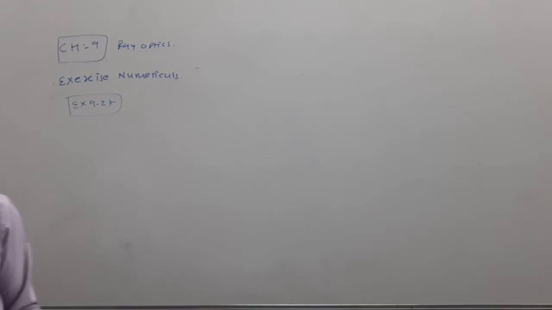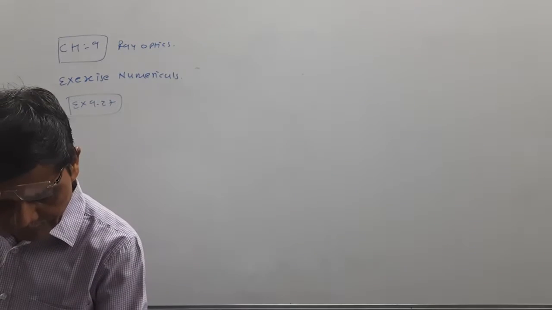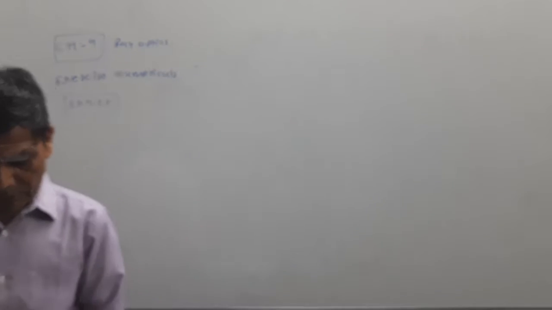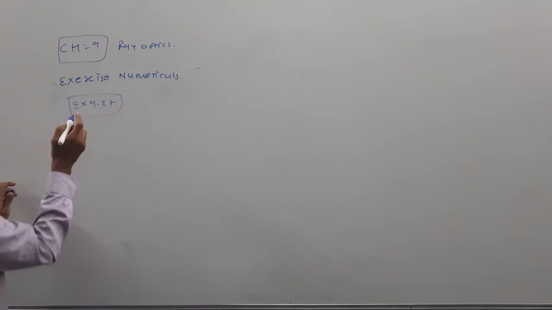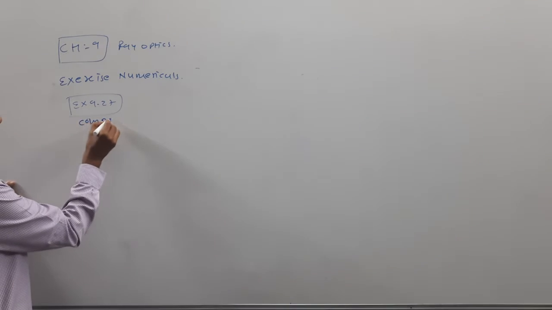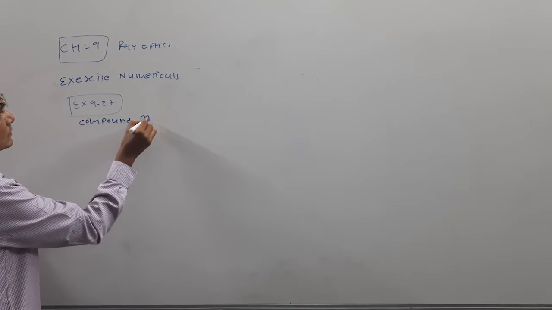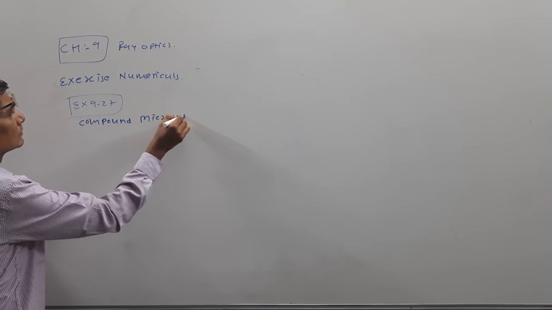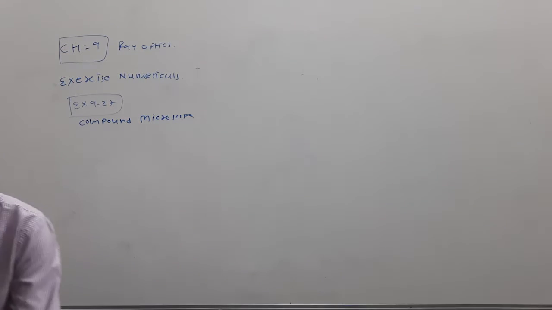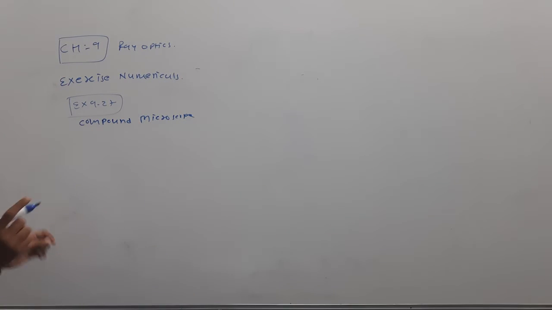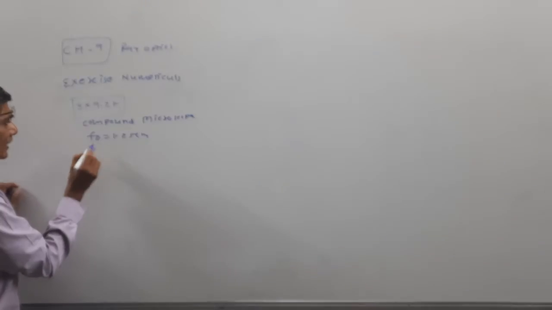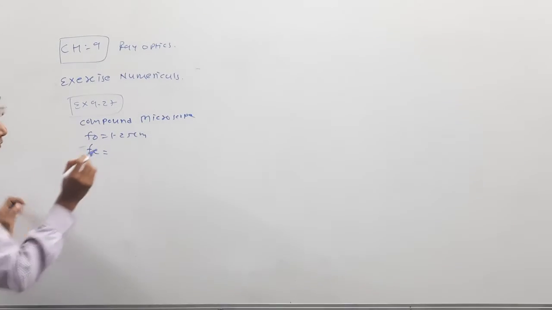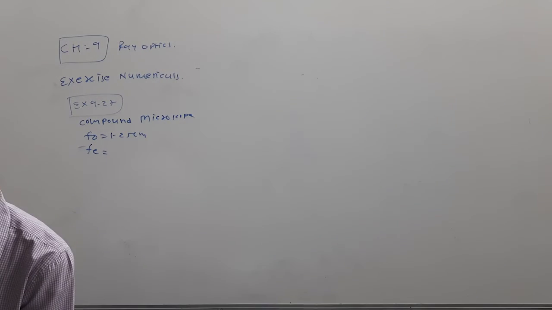Okay, now see, the question is like this. The objective of a compound microscope has focal length 1.25 and the eyepiece focal length given is 5 centimeter.